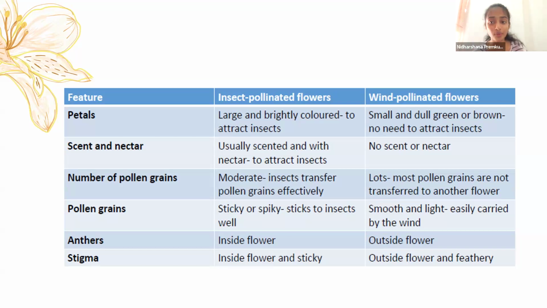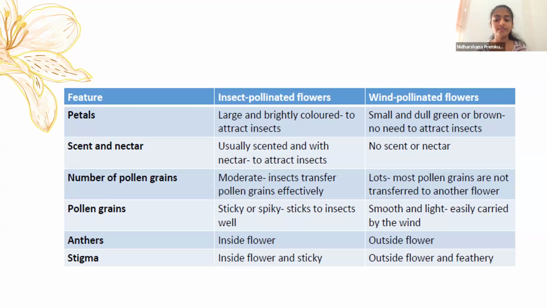The stigma on wind-pollinated flowers is usually located outside the flower and is very feathery, so that it easily catches the pollen carried by the wind. So those are the distinct features of each of these structures in an insect-pollinated flower and a wind-pollinated flower.